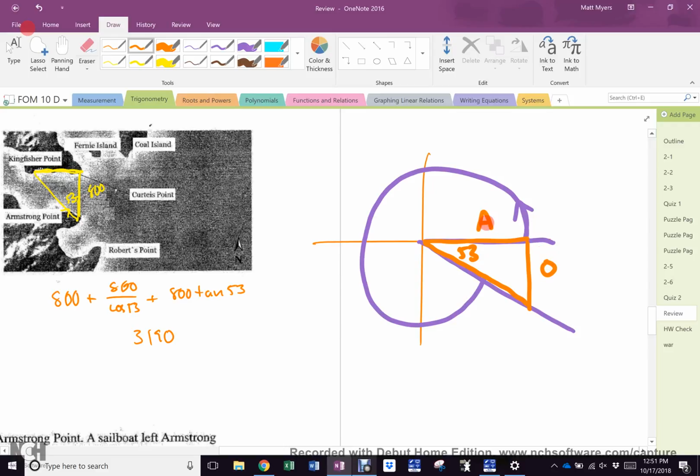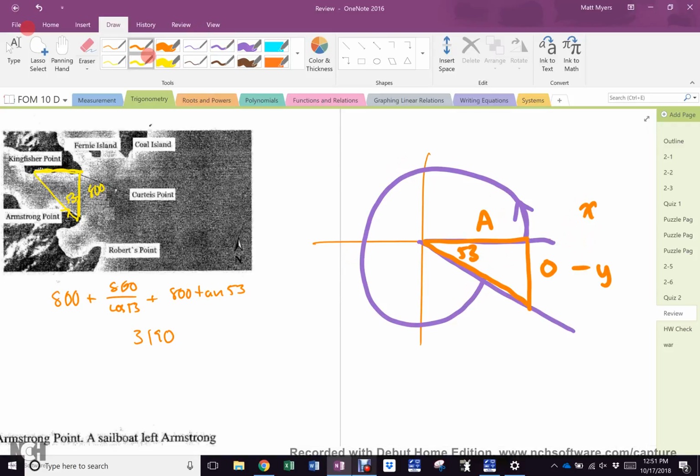Everybody understand? But this O on this construction is negative, isn't it? That's a negative Y value, yes? And a positive X value, right? So the tangent of 307 would be negative opposite over adjacent.